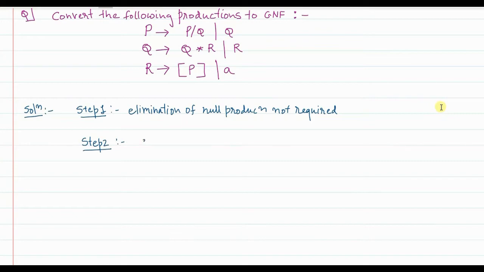Step 2 is nothing but elimination of unit production. Okay. Now you see if there are any unit productions. If you consider the first production, P gives P or Q, you see that this is one unit production.